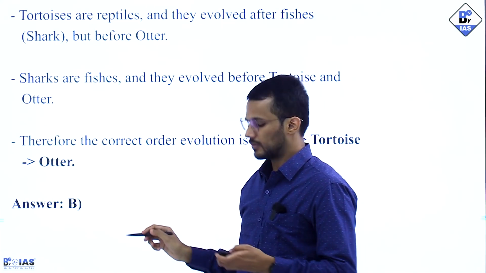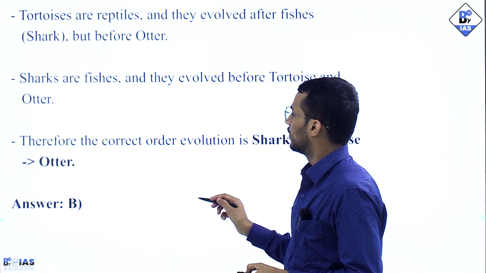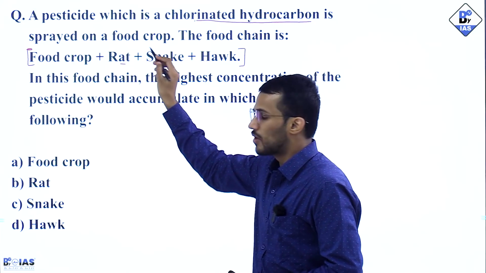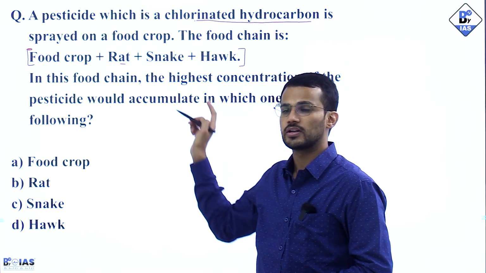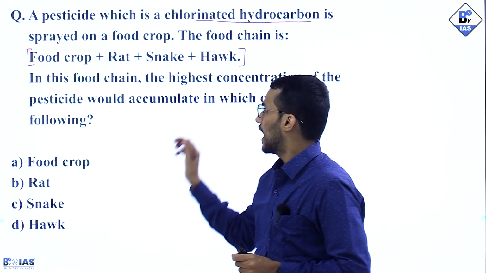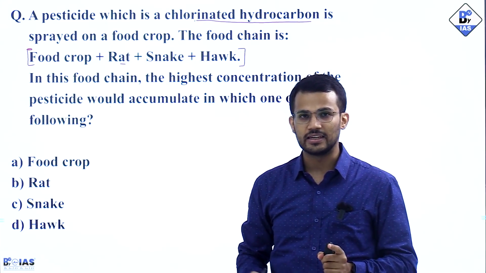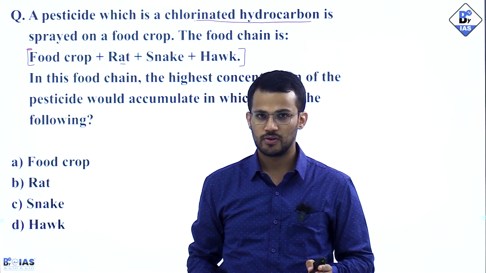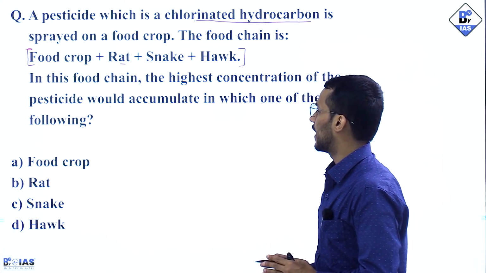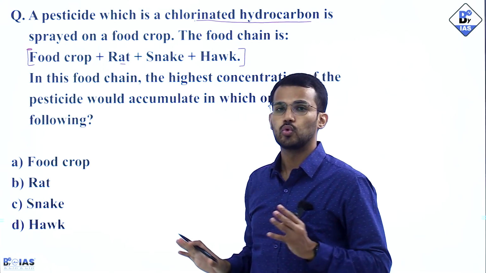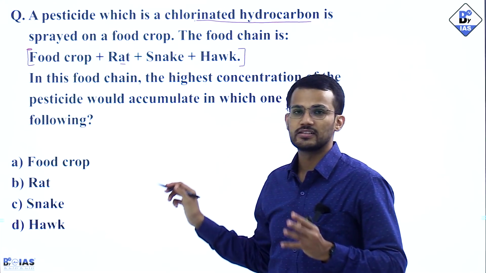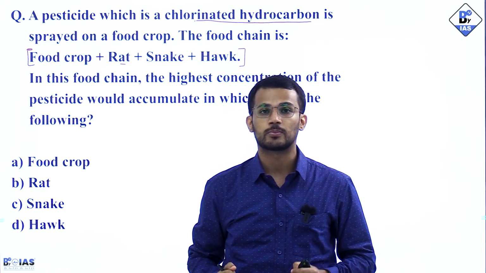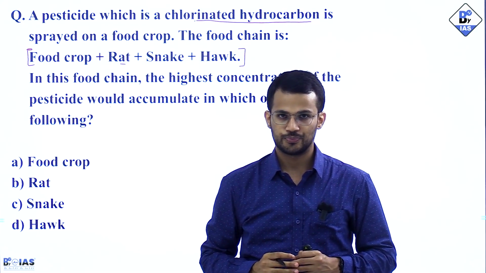As snakes eat rat, from rat that pesticide will be transferred to the snake, and as hawk eat snake, pesticide will be transferred towards hawk, right? So we have to identify in this particular food chain in which organism the concentration of this pesticide, that means chlorinated hydrocarbon, will be highest.